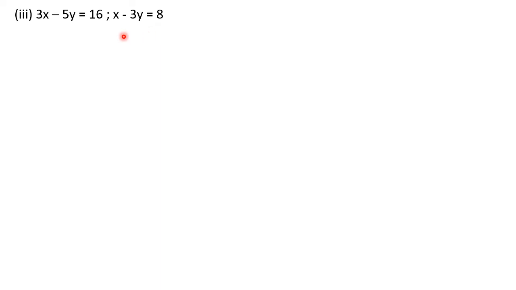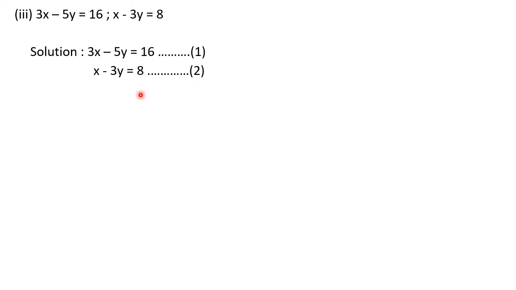See whether the given equations are in standard form or what. Yes, they are in standard form. So do the very first step of numbering them as 1 and 2. So write down 3x minus 5y is equal to 16, equation number 1. And x minus 3y is equal to 8, equation number 2.